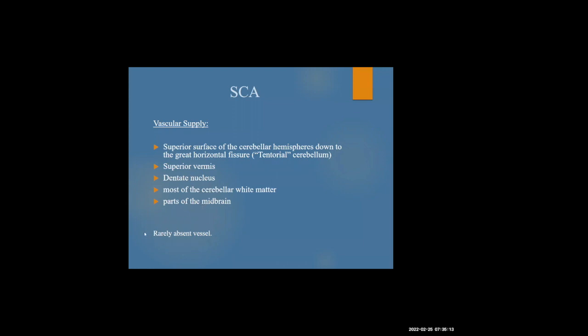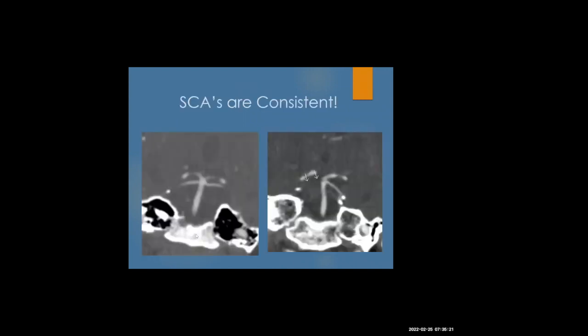The superior cerebellar artery should be accounted for in all vascular studies, mainly CTA studies. It's rarely absent. So this first is the basilar artery. You have the superior cerebellar arteries coming off both sides. You have the PCAs coming off both sides. And then this is an example of, all right, we're going to follow the basilar artery up.